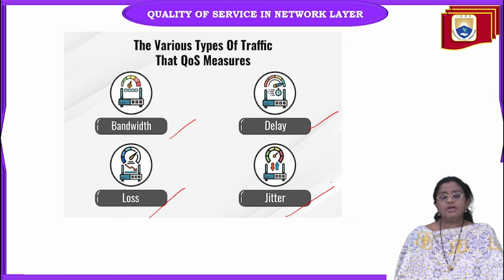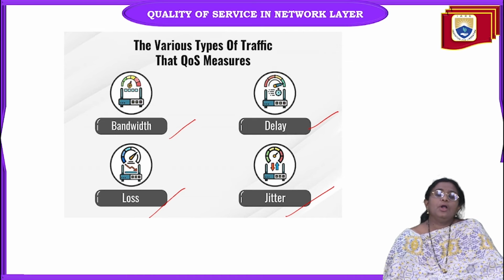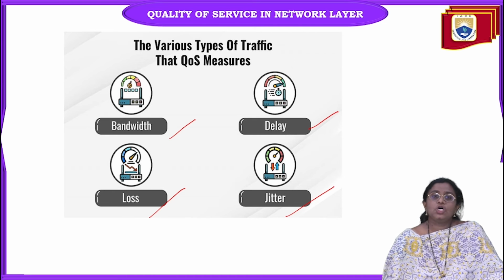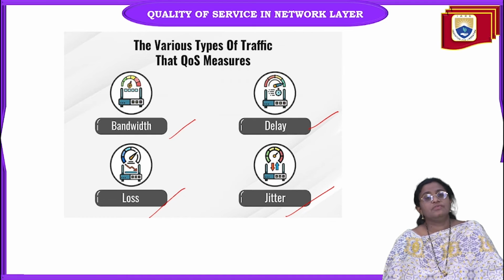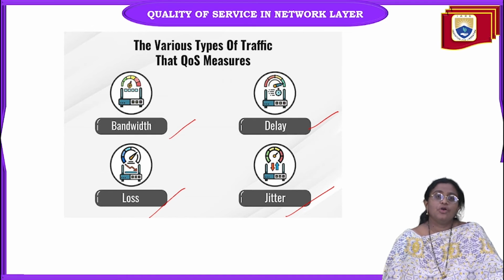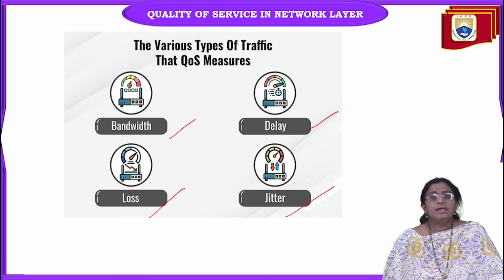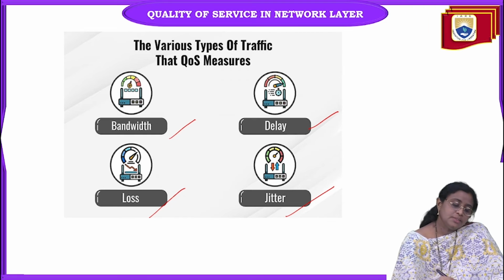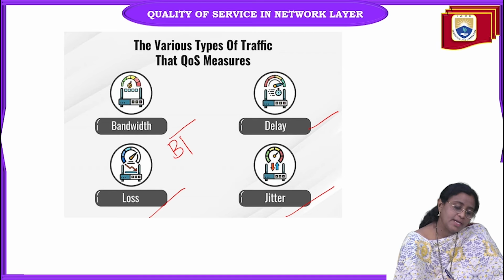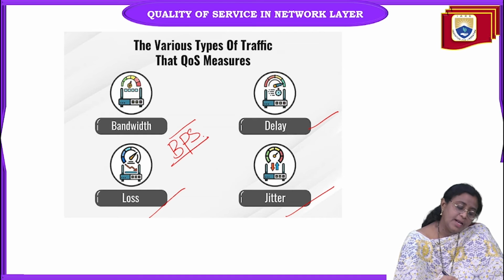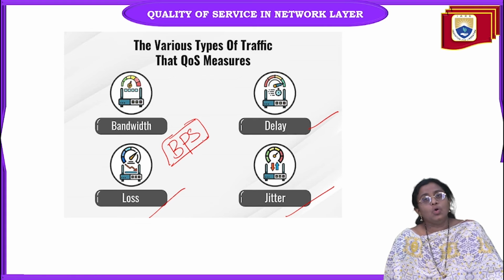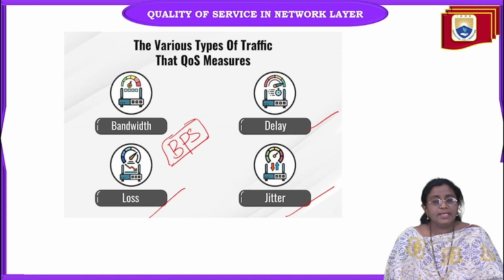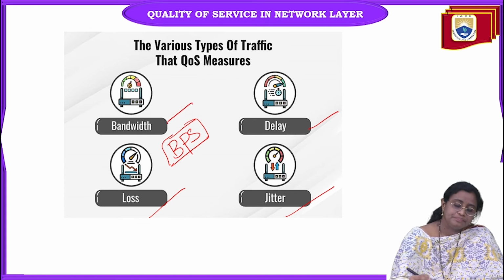What do we mean by bandwidth? It is the number of packets defined on a particular path or logical connection established from one source to another destination, that means bits per second. The rate of flow of data packets from one node to another node is what we call bandwidth.